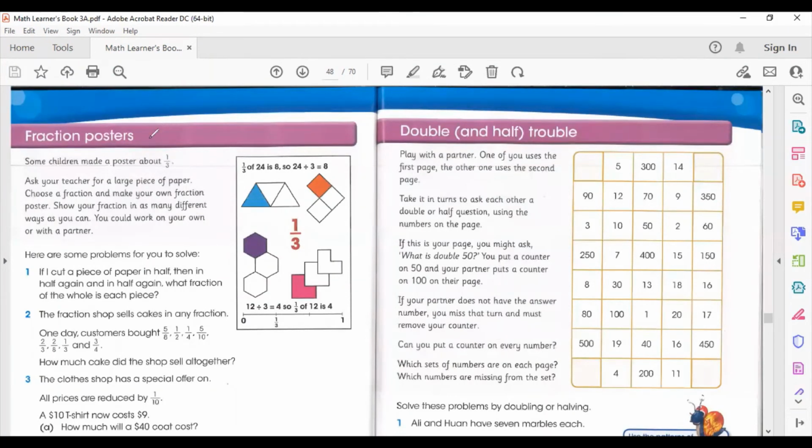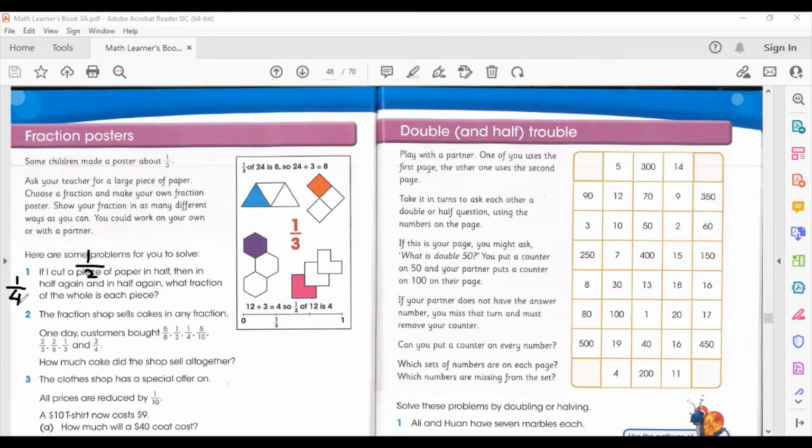If I cut a piece of paper in half, it is 1 by 2. Finish the first part. Then in half again, so then we can say 1 by 4, because it's cutting further in half.